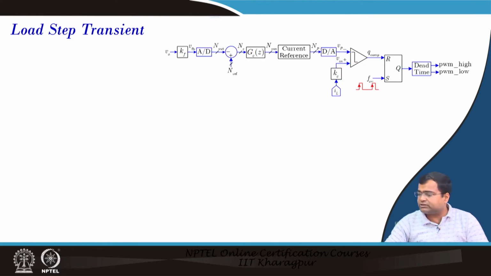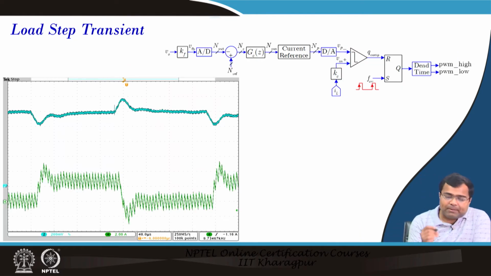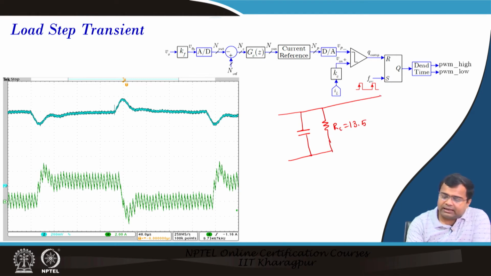Now we are showing the load step up transient. On the output capacitor side, we have a continuous load of 13.5 ohm, and then we have RSW, which is 0.33 ohm.